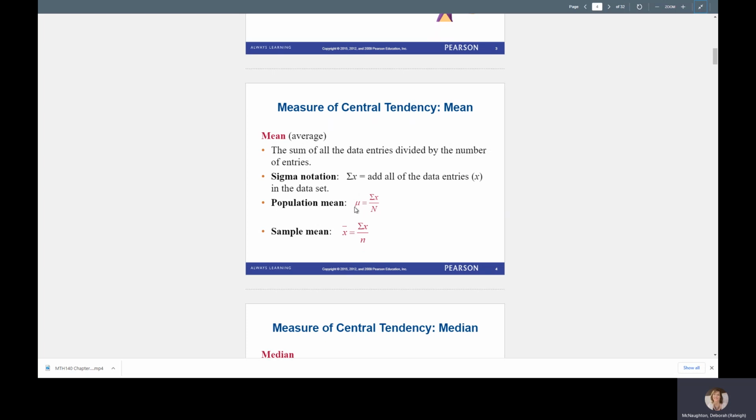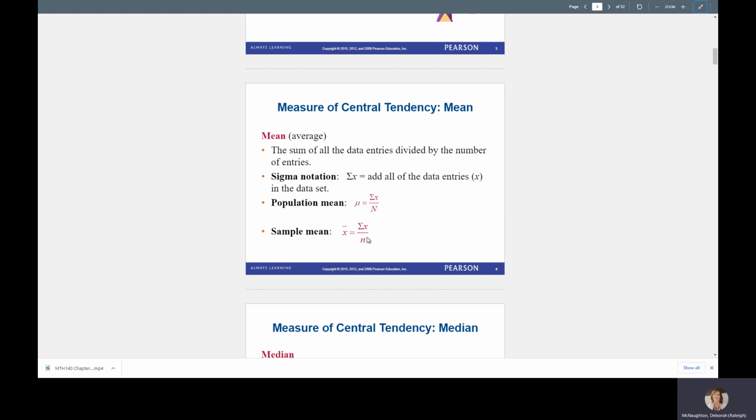This is the Greek lowercase letter mu, and you notice it looks like a u with an extra line on the left side. What this says is the population mean mu is the sum of the x values divided by N. They use a capital N here because whenever we talk about the population, we use a Greek letter for the parameter and a capital N to represent the number of data values in the population. That's the total number in the population.